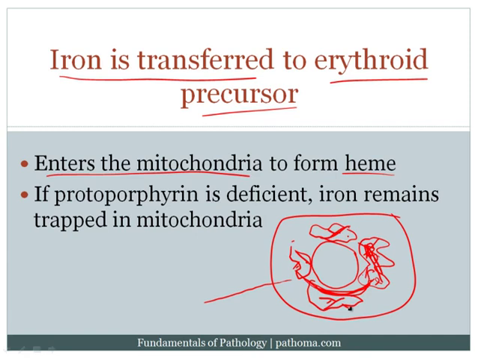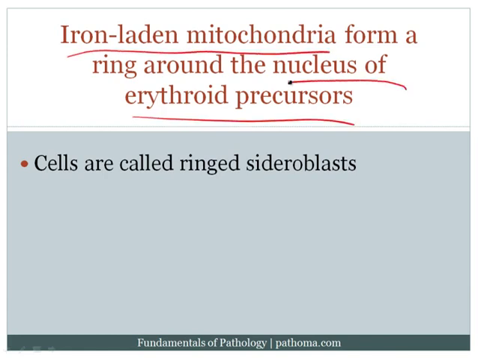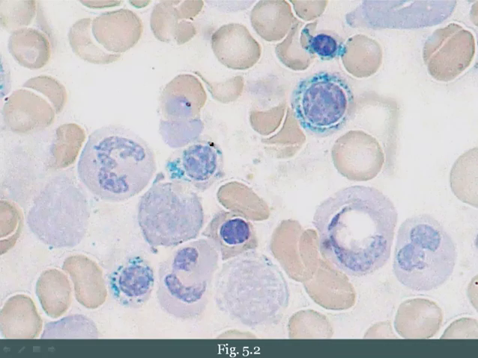As they become loaded with iron, that's going to create a ring of iron-loaded mitochondria around the nucleus of the cell. And that creates the classic cell that's seen within sideroblastic anemia, which is called a ringed sideroblast. That's what I'm saying in this particular slide: iron-laden mitochondria form a ring around the nucleus of erythroid precursors, and these are called ringed sideroblasts.